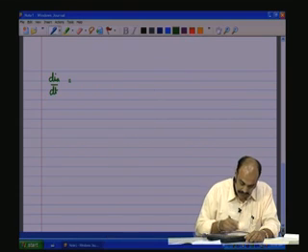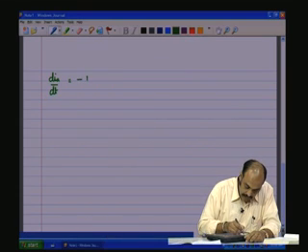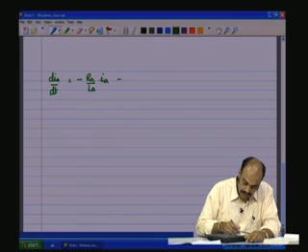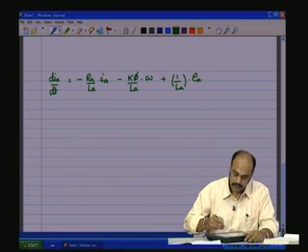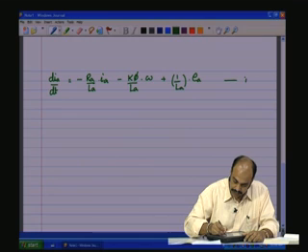So I will rewrite it as minus RA by LA into IA minus K phi by LA into omega plus 1 by LA into EA. So this is one equation.